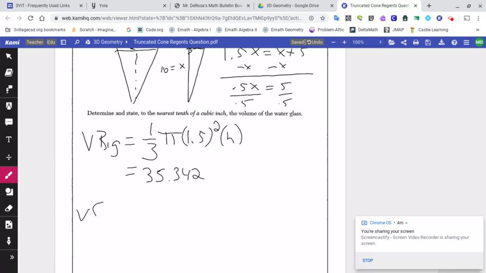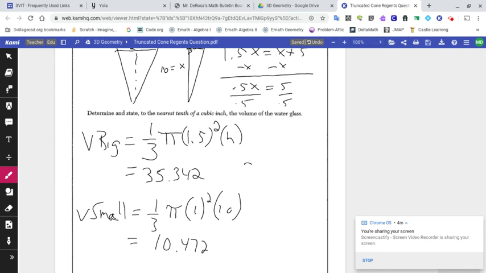And the volume of the small cone is going to be 1/3 pi times the radius of 1 squared times its height, which was 10. All of that would give you 10.472.